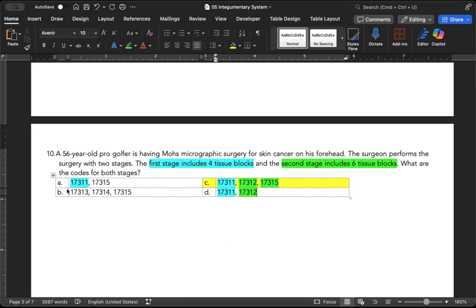So with 173 or with letter A, okay. The reason that we're not going to use letter A is, yes, technically 17315 is correct, but we have to have the 17312 to indicate that second stage. If we were to report 17311 and 17315, we would underpay our provider because they're not getting paid for the second stage where they took that specimen directly out of the patient.